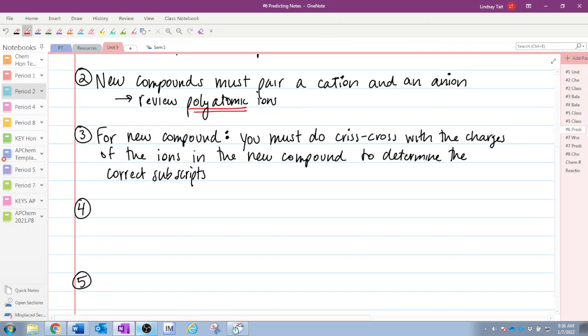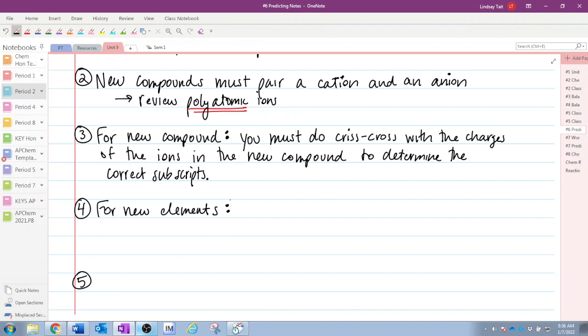All right, so on rare occasions, for those single replacement reactions only, you're going to be making a new element. And later, you're just going to be turning words into equations, and you're going to have compounds and elements.